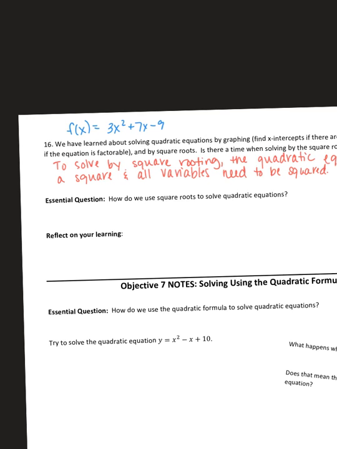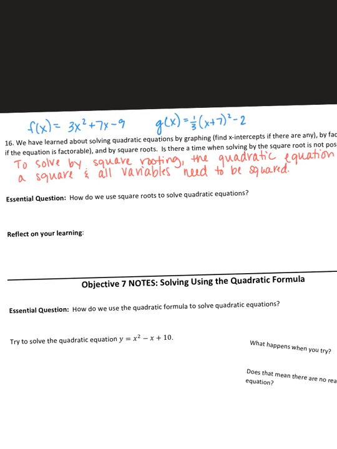And then we have vertex form, which might be like g of x equals 1/3 times x plus 7 quantity squared minus 2. And then one other form is intercept form, and we might have an example like h of x is equal to x plus 4 times x minus 1.